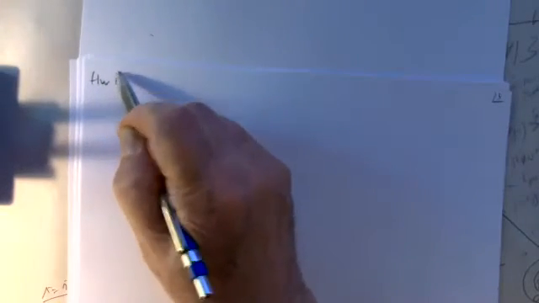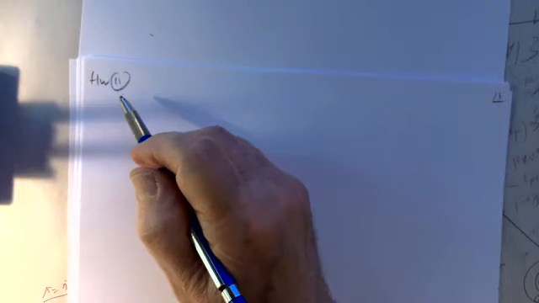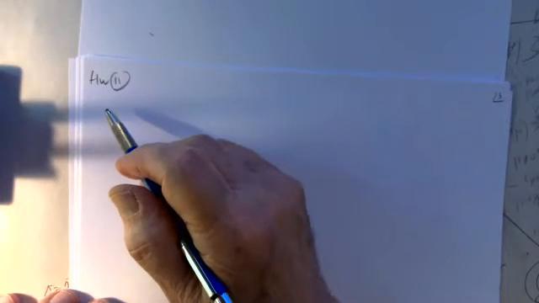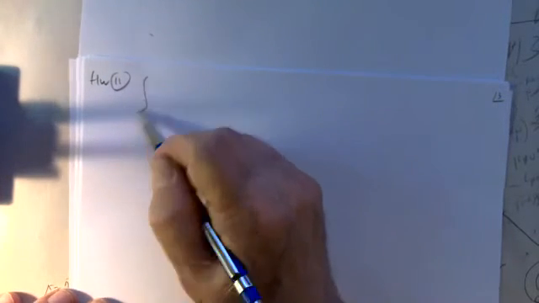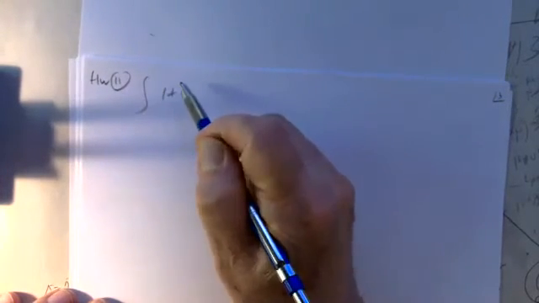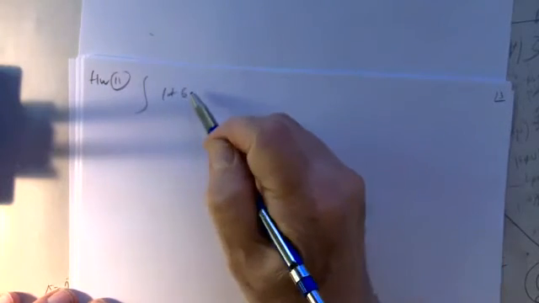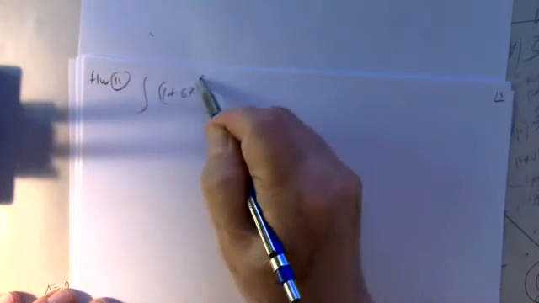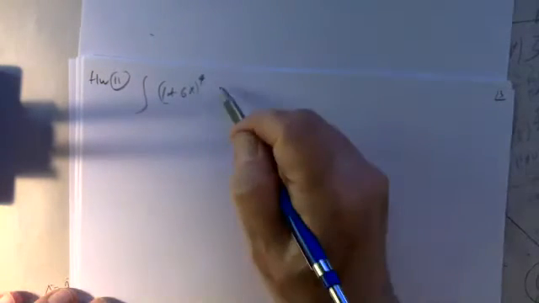Next is number 11. So number 11, we have the integral of (1 plus 6x) to the 4th power times 6 dx.